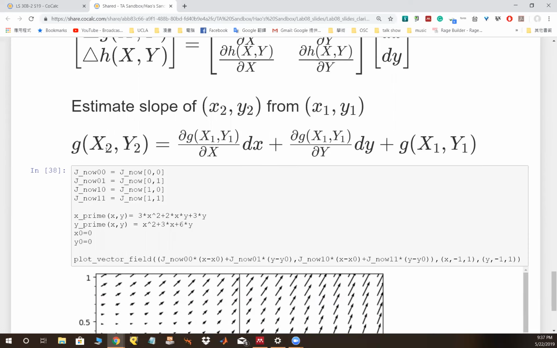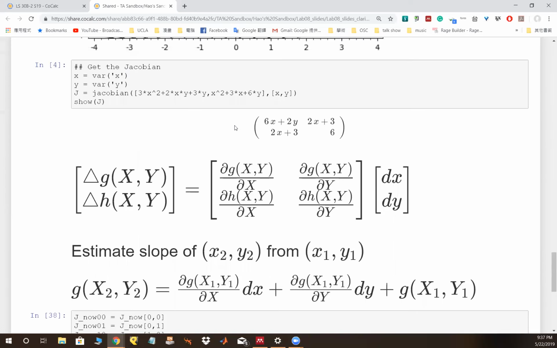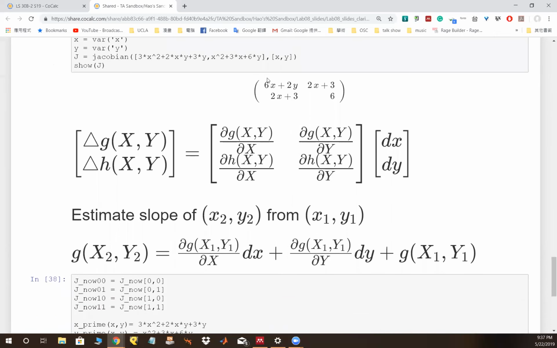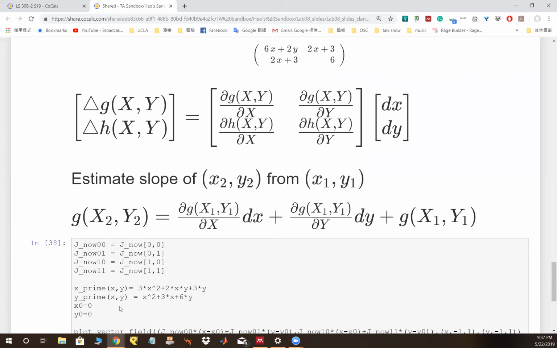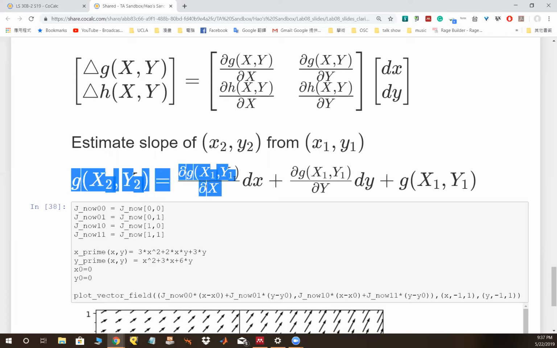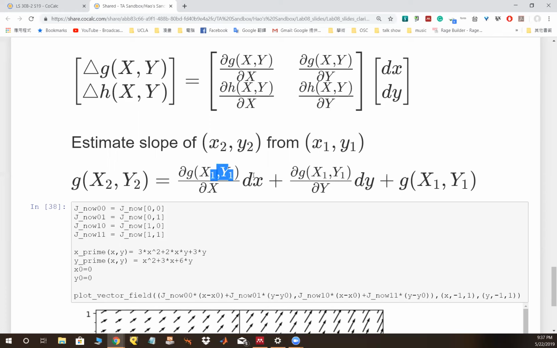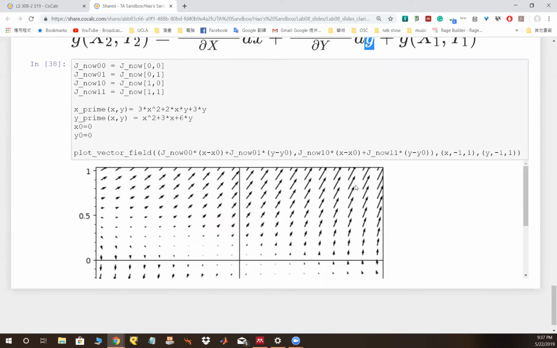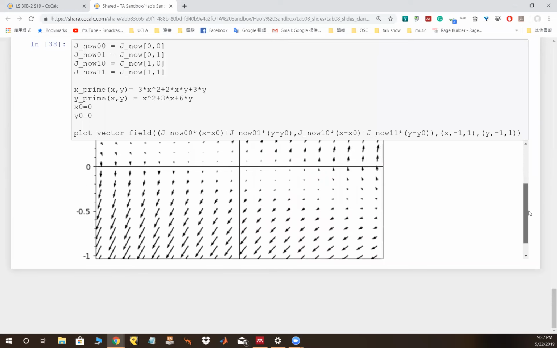You calculate the Jacobian at that equilibrium point, which is what I do here. Then you plot the vector field using that Jacobian's value multiplied by the difference of x and the difference of y, plus the prime value at that point. You can also plot the vector field.